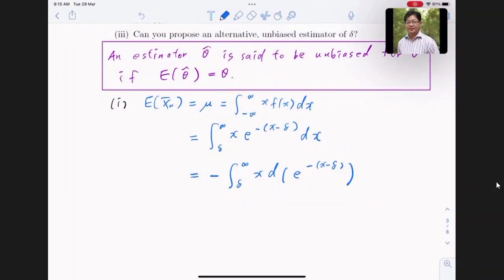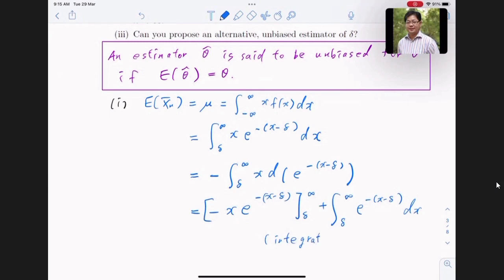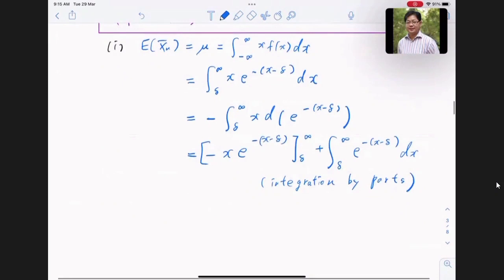And then we apply the integration by parts formula, and we do the integration step by step.